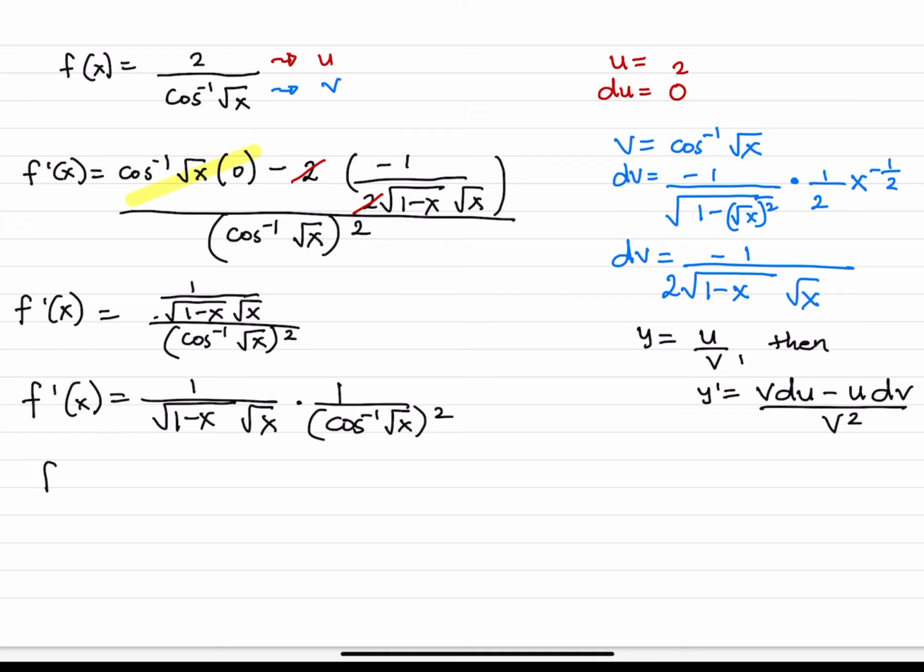So you may have it written in this manner, or 1 over the square root of x minus x squared arc cosine of the square root of x raised to the second power.